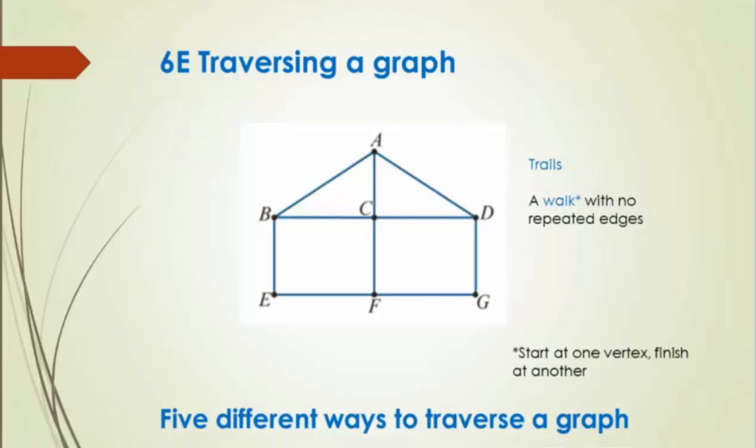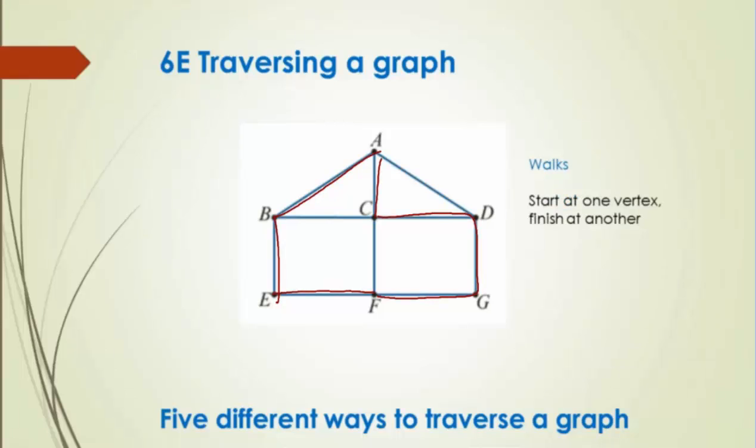A trail, the second one on the list, is a walk, but it's got no repeated edges. Now, that implies that this one, I better start again on that one. This is a walk, because I started at one vertex and finished at another.